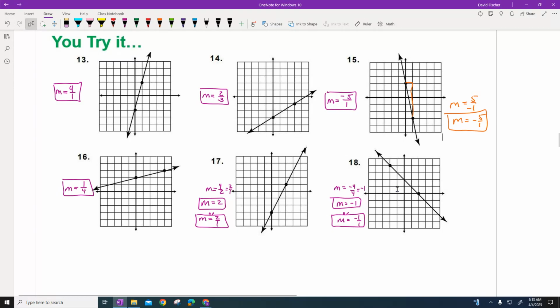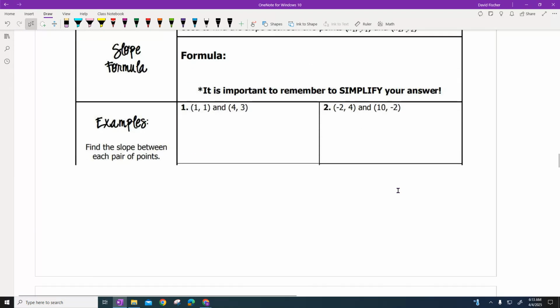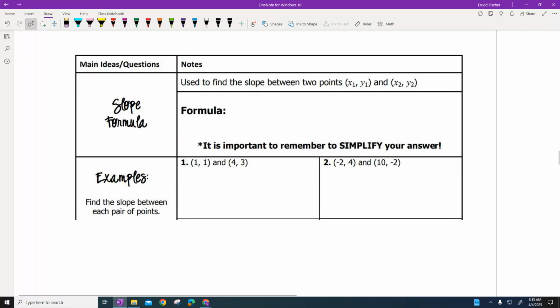All right, that should be a piece of cake. You should be saying, I can't believe we're doing this. We've done this for a couple years now. Now, this is the part, this is a formula that you have to memorize, the slope formula. And so this was read as x sub 1. The 1 means this is the first coordinate. That's the x part of the first coordinate, that's the y part of the first coordinate.